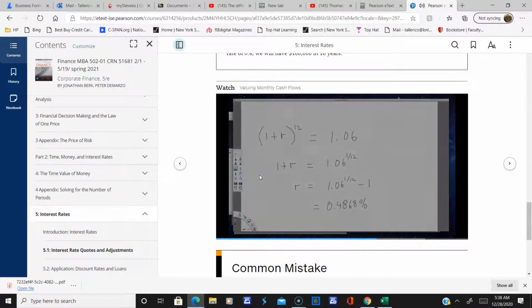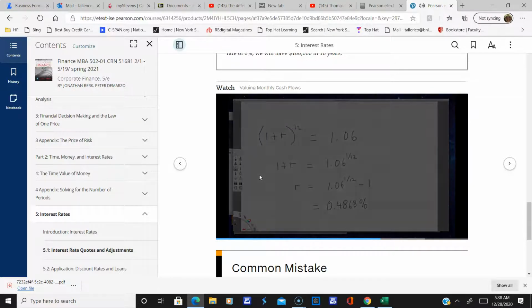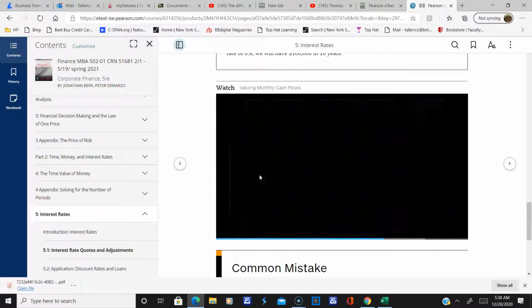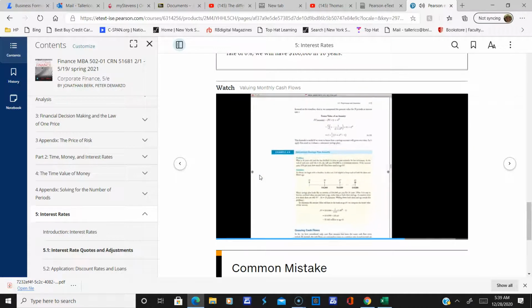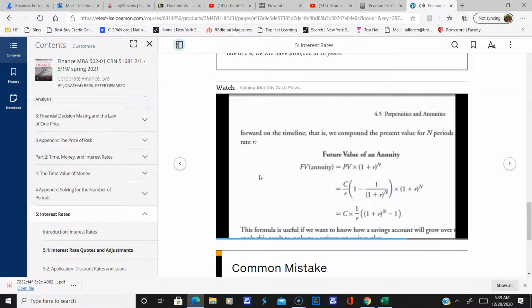Okay, so we want to put a fixed sum away each month for the next 10 years so that at the end of 10 years, we will have $100,000. We begin, as we do all problems, by writing out the timeline. In this case, it's going to be in months. Next, we go to the last chapter and look up the formula we derived for the future value of an annuity.